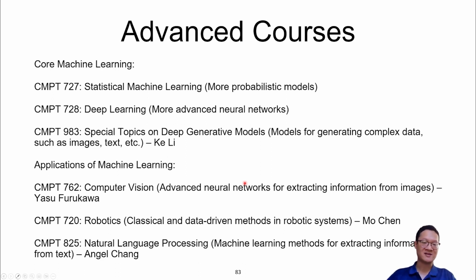This course covers classical and data-driven methods in robotic systems. And lastly, we have CMPT 825, natural language processing, taught by Professor Angel Chang. This course looks at machine learning methods for extracting information from text.